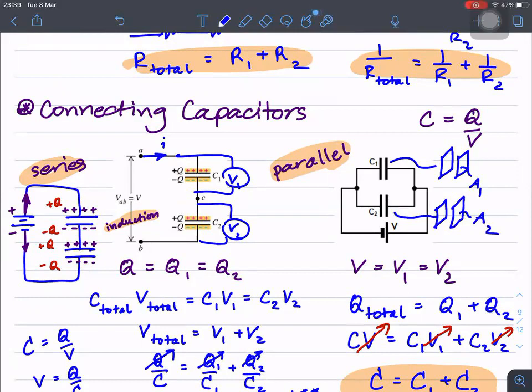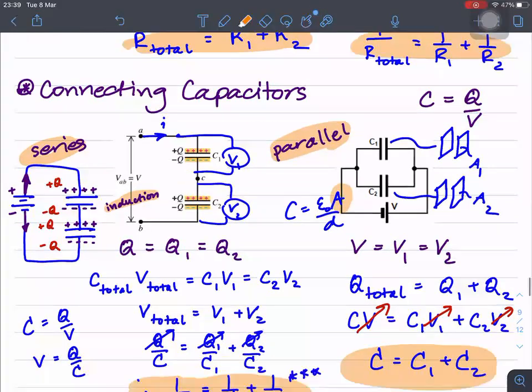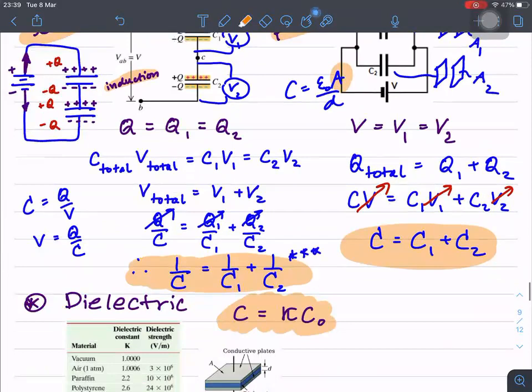As C depends on A and D, adding up the capacitors in parallel is just the way we could increase the A, or the area of the system. So we can calculate the C total from simply adding up the C, right?